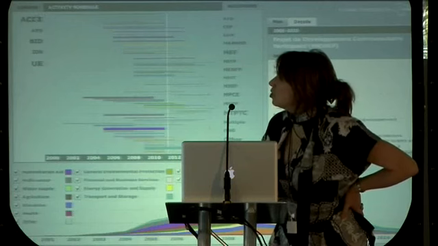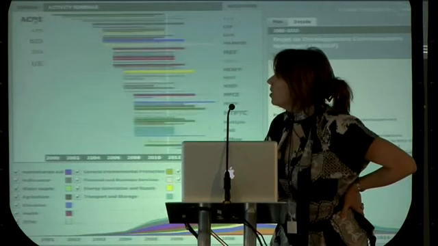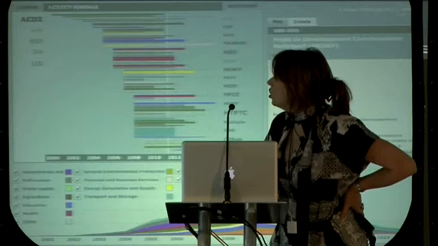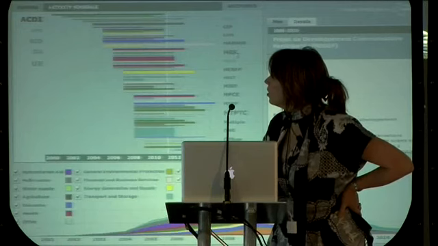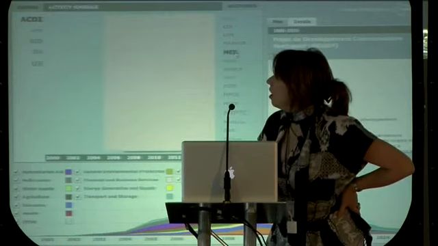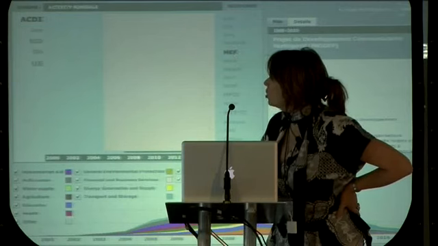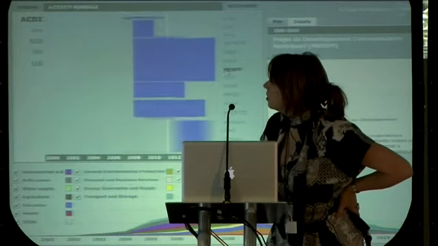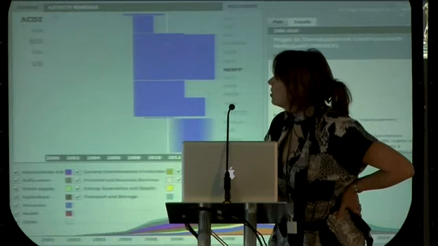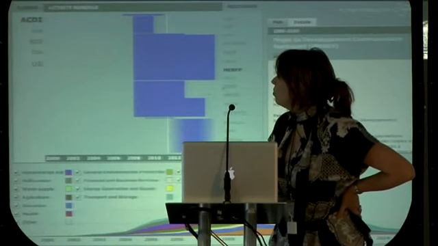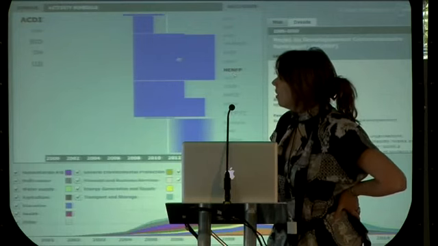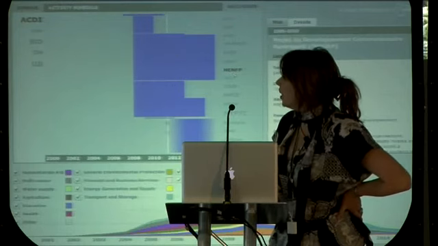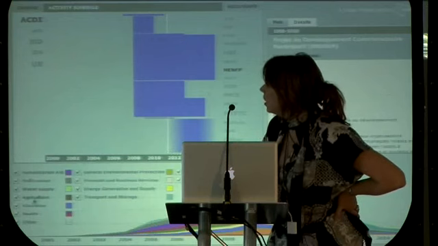But the point is that by filtering on any one of these agencies, you can see who it is they're funding down here, and you can see any one of the projects which are going on. So we can start filtering by donor or recipient. We can see which domain the project is in. That's not such a great example. But what you can see here is that whoever it is, ACDI, whose money is coming back to MENF, I don't know what all these things stand for, but I can see that these are all the projects, and they are all more or less in the domain of education.